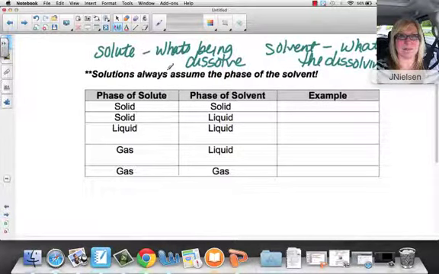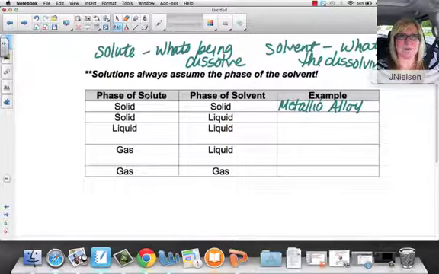So if I have salt water, the salt would be the solute, the water would be the solvent. So if the phase of my solute is solid and the phase of my solvent is solid, so I'm putting one solid into another solid, then that would be a metallic alloy, because those were all solids.